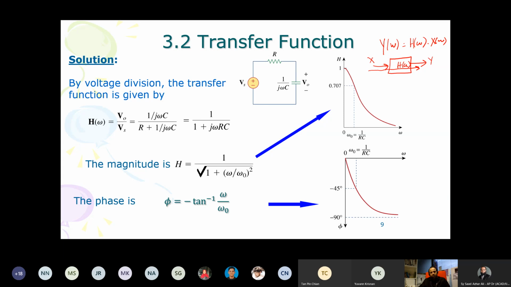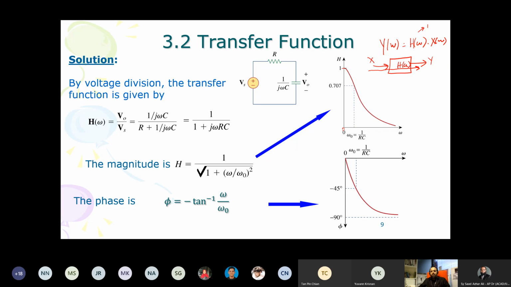Right or wrong? Guys, if omega equals 0 and magnitude is 1, in which case H is 1, so Y is equal to X, can I say that H is letting X pass without any change? True?